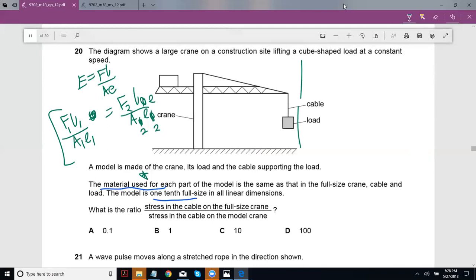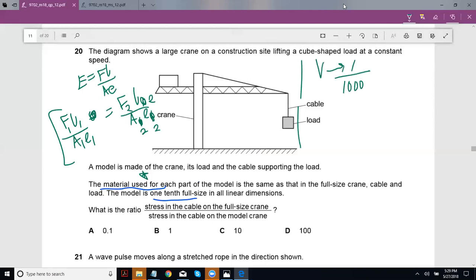What I was thinking was, stress is what's asked, so we just need to account for the force and area here, right? Force and area. Volume, since all dimensions become 1/10, the volume will reduce by the cube of the ratio, like 1/1000.